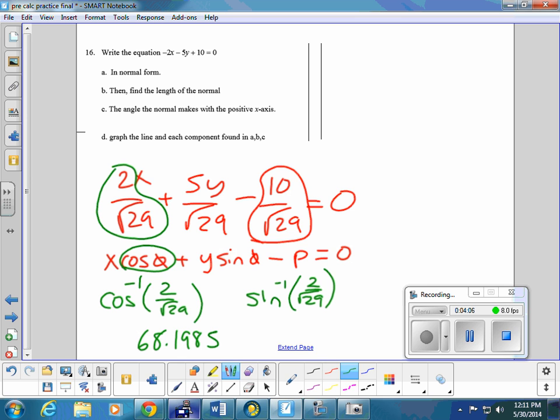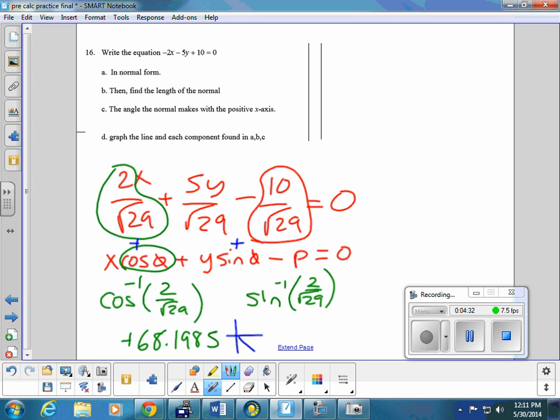Now, why do I know it's positive 68 degrees? Because my cosine is positive and my sine is positive. If they're both positive, you're in the first quadrant. If sine was negative and cosine was positive, for instance, this would be a 68 degree reference angle in the fourth quadrant, but that's not the case here.